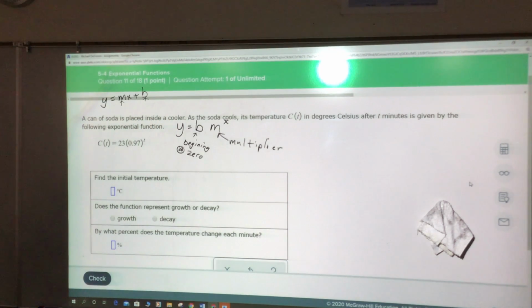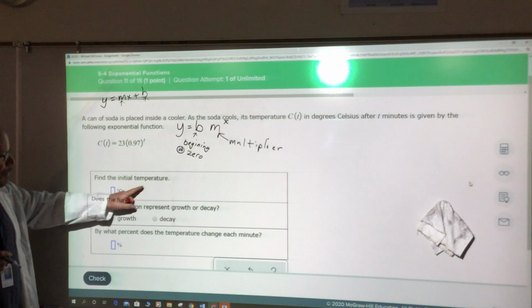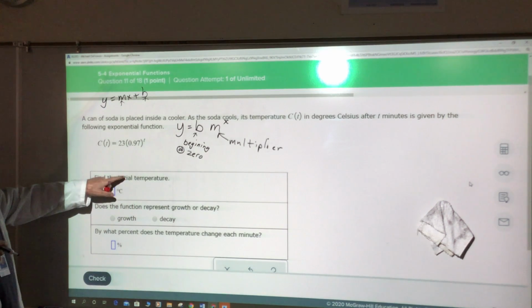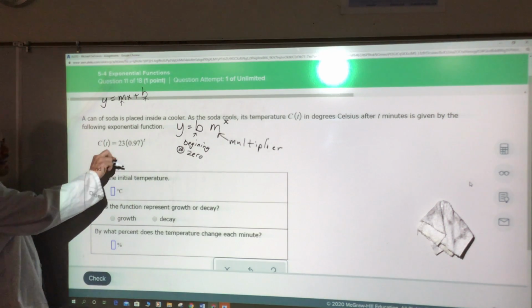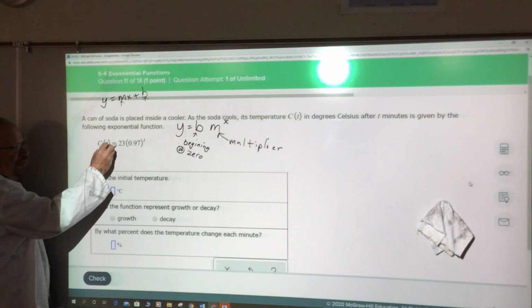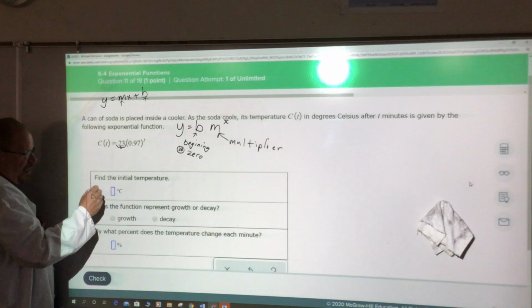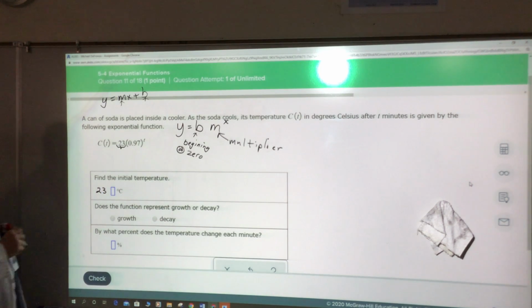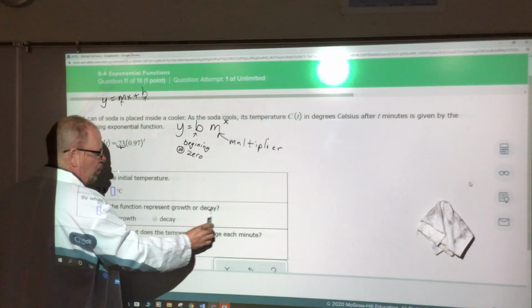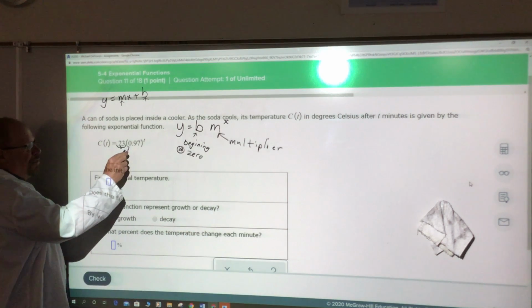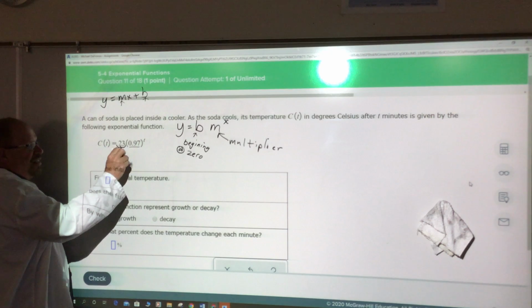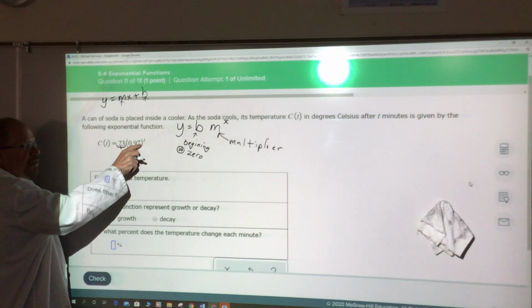Okay, so the initial temperature, initial, beginning, what you started at, is this number. This is our B. So this would be 23 degrees Celsius. Does the function represent growth or decay? Well, what are we multiplying by? Is this greater than 1?